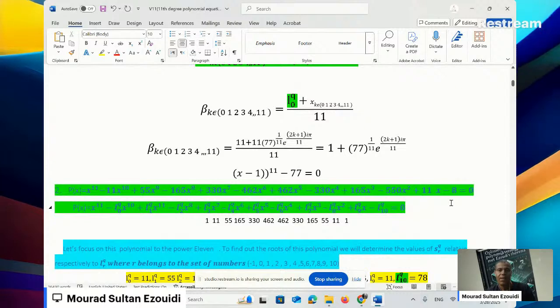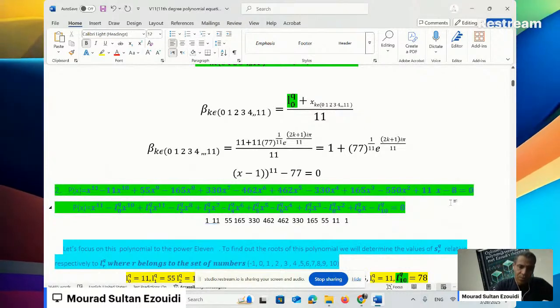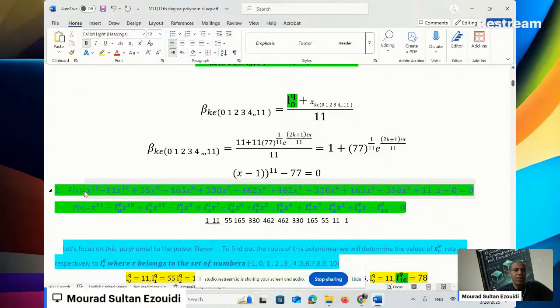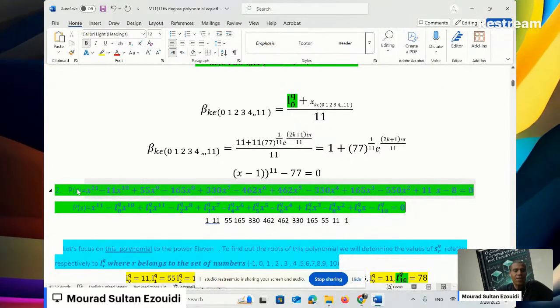Okay, now my kids, you see this polynomial equation raised to the power 11. I'm going to read it. Example number 2.